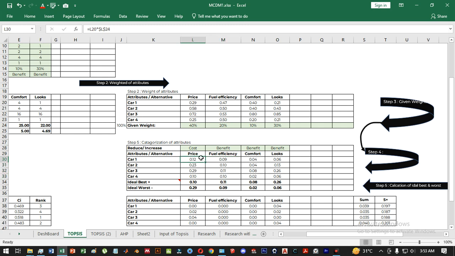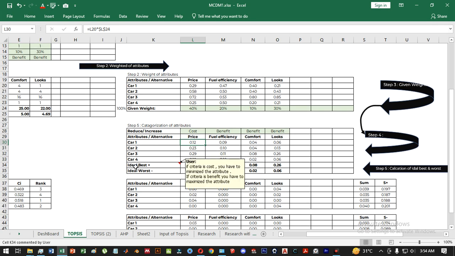So how do we get these numbers? We multiply the values from the previous tables with the weights. Sorry, I made a mistake earlier: we multiply these two numbers, the weighted number and the main numbers.